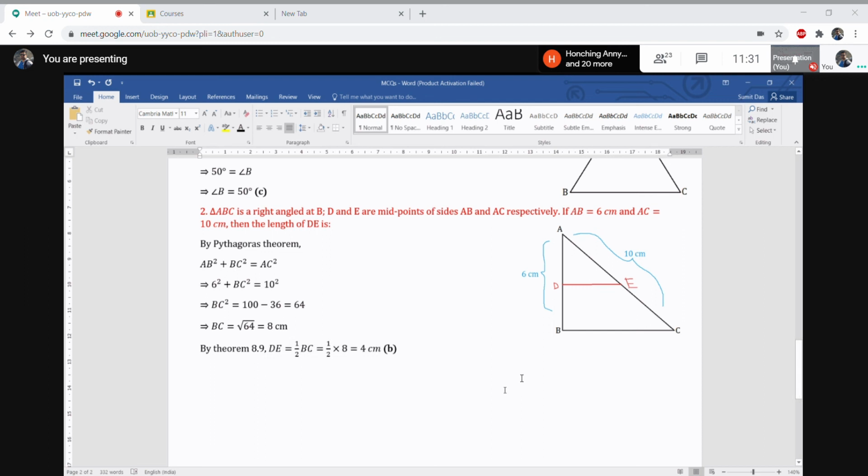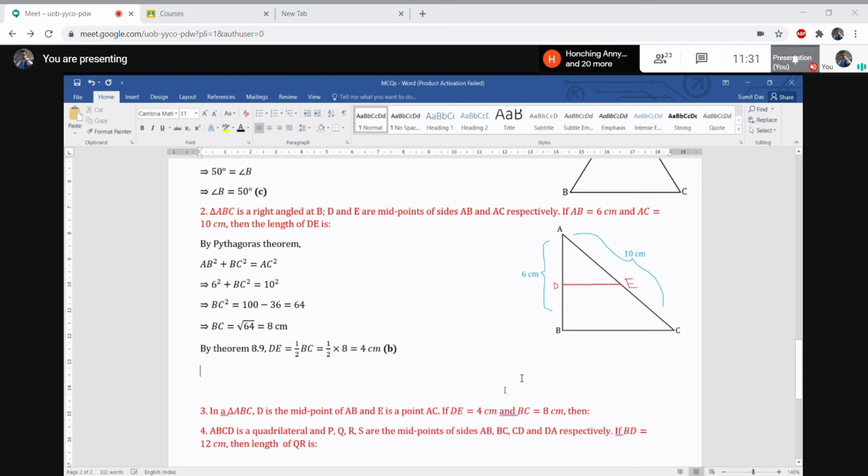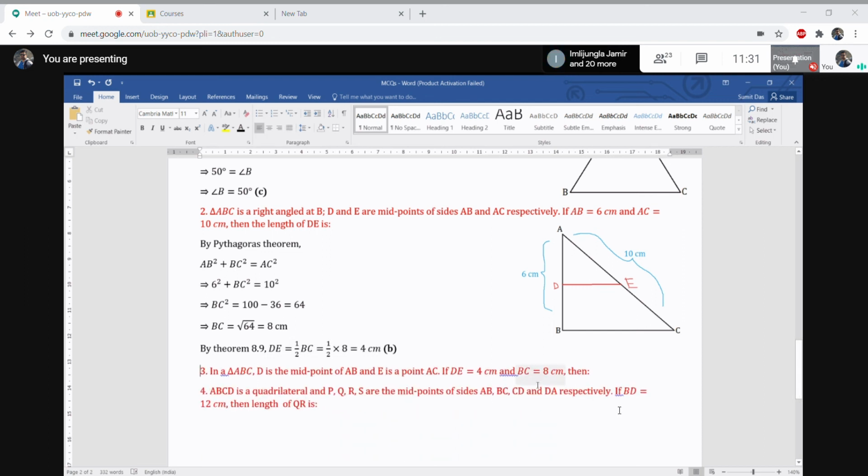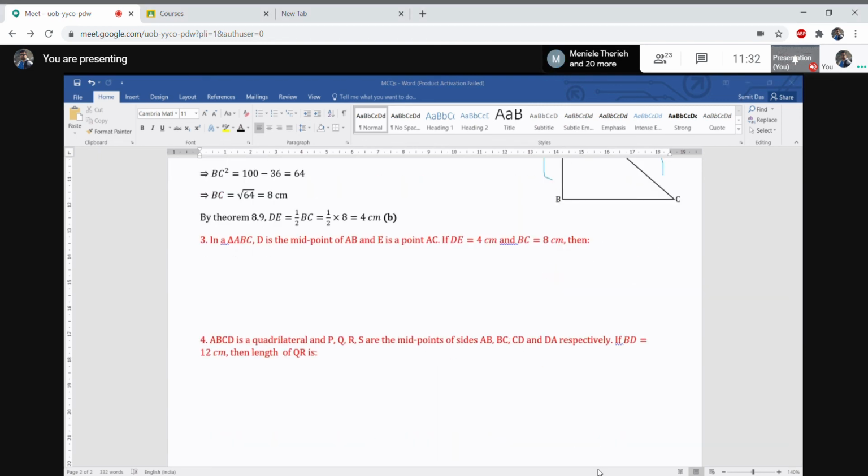Fine. Next question. Two questions are left. We'll do these two questions, otherwise they will be left for the next day. Then we'll end the class. It says that in triangle ABC, D is the midpoint of AB and E is a point on AC. Let's draw the diagram. Just wait for another 10 minutes. Within 10 minutes the class will finish.